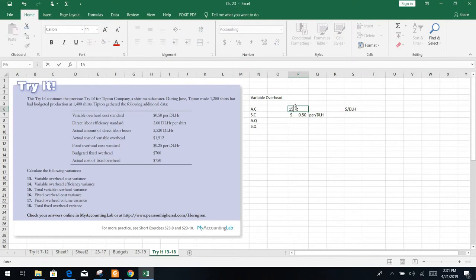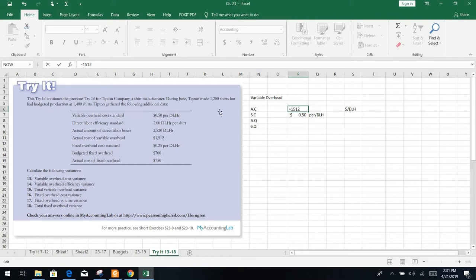So 15.12. And I would put the dollar amount here, but I'm going to have to use Excel to divide, and it won't divide if I put that in there. So I'm just going to leave it for now as 15.12, and we need to divide by a direct labor hour. So let's go through here and look for direct labor hour. Well, look here. Here's a direct labor hour right here, but it has 50 cents.